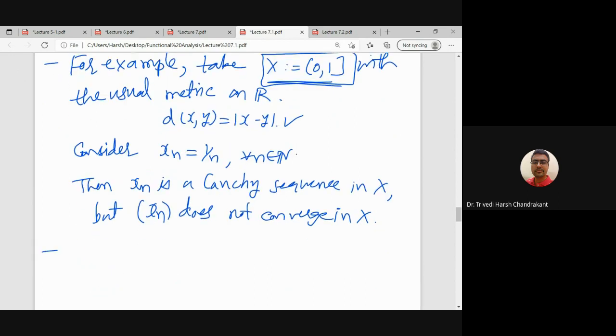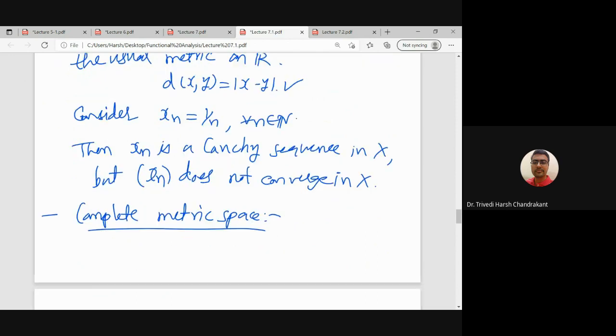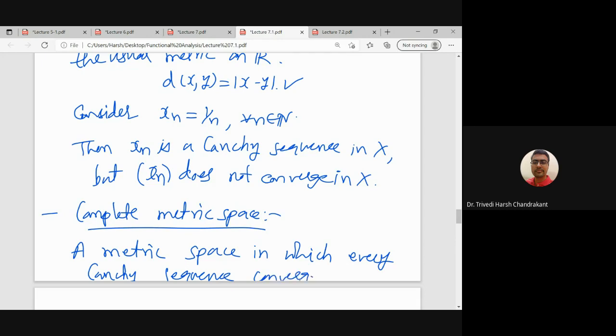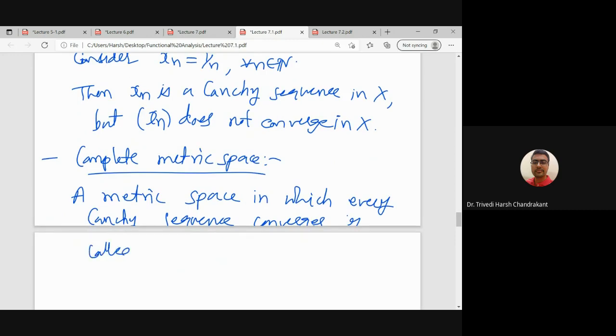Right. So completeness: a metric space in which every Cauchy sequence converges is called a complete metric space.